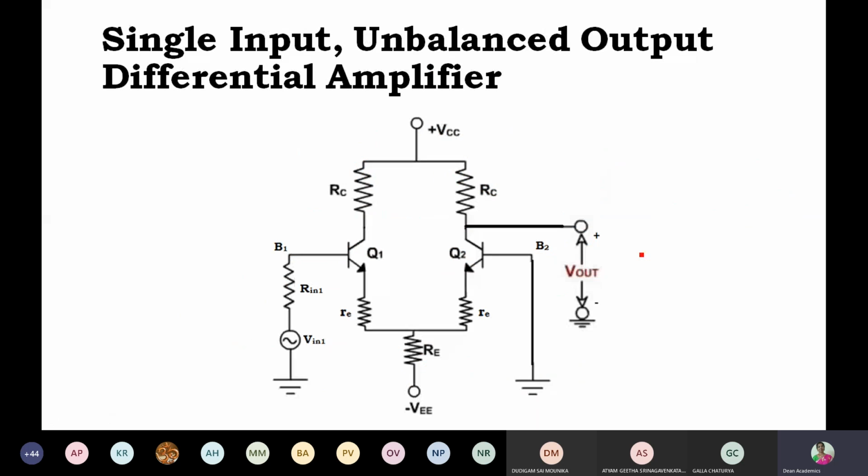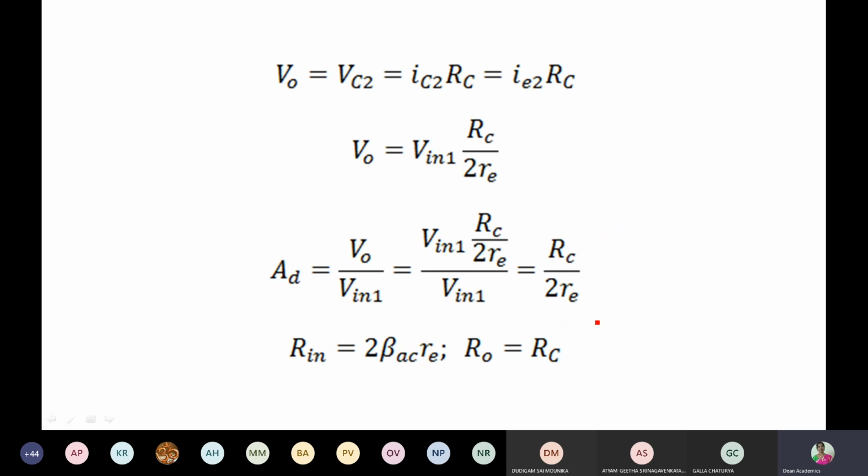So this is the circuit I want to convey. Single input unbalanced output differential amplifier. In the previous case we have taken output at both the terminals. Now we are taking output only at one terminal, right? For this you have mentioned the voltage gain, input resistance, output resistance, all that.